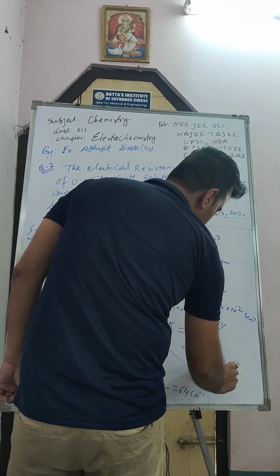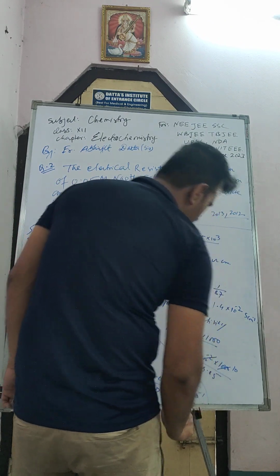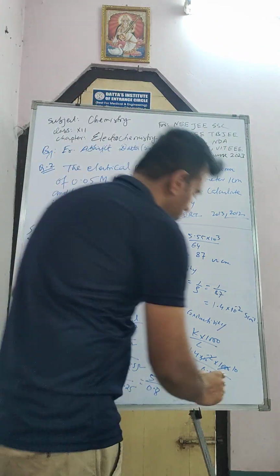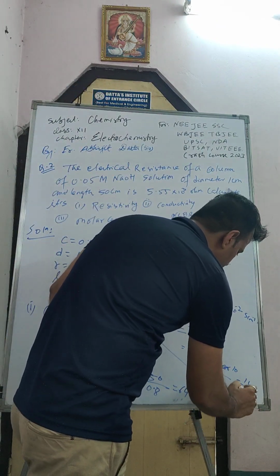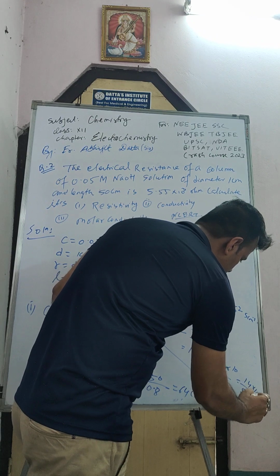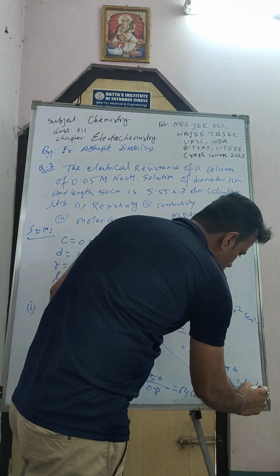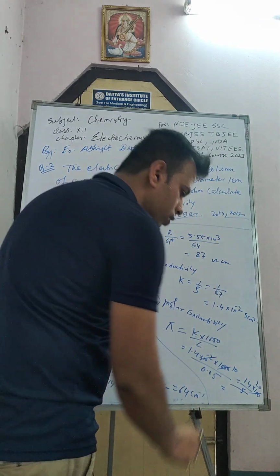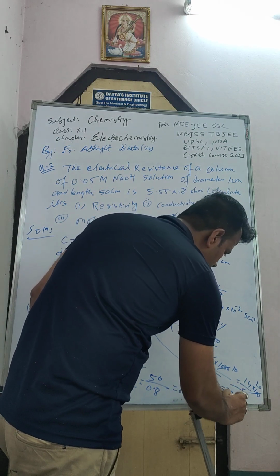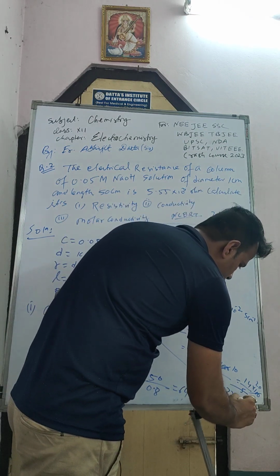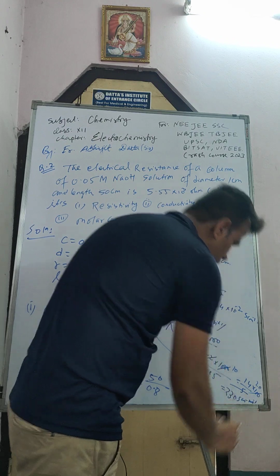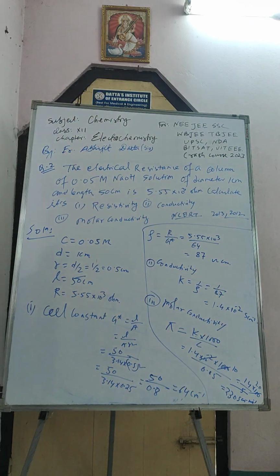If I do 14 by 0.05, it will be 280 approximately, so the answer is about 230 ohm minus 1 centimeter square mole minus 1.